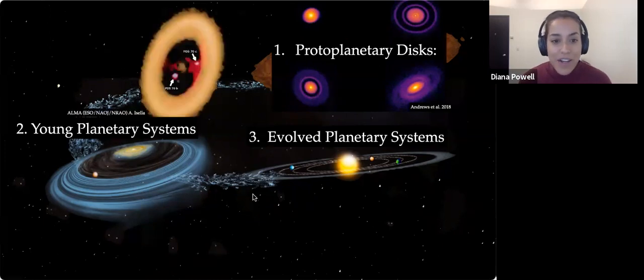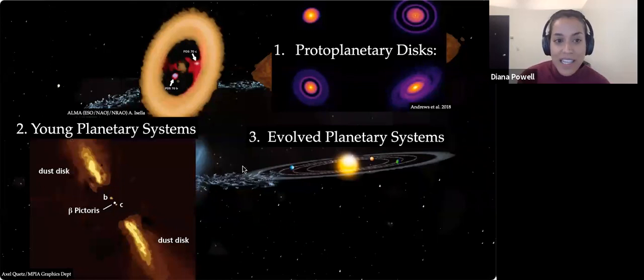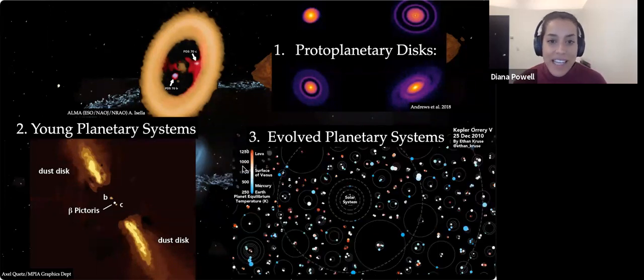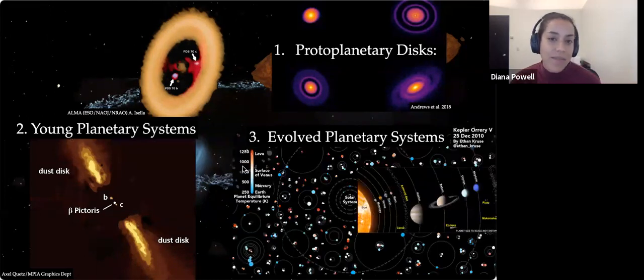And as a bonus, we can also observe protoplanetary disks undergoing active planet formation, like the PDS-70 system shown here, where you can see 2 points that are thought to be giant planets undergoing accretion. We can also observe young planetary systems directly, like the Beta-Pix system shown in the bottom left. And finally, we now have observations of over 4,000 evolved exoplanets and detailed constraints from solar system planetary science and cosmochemistry.